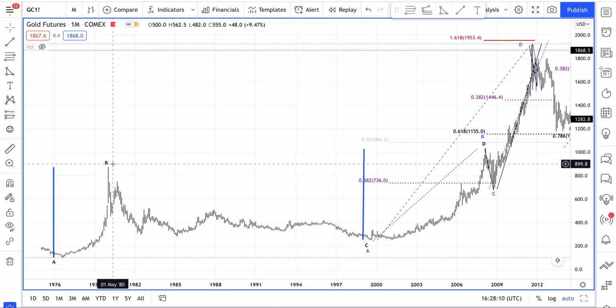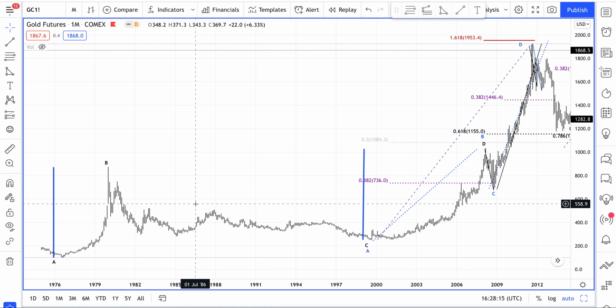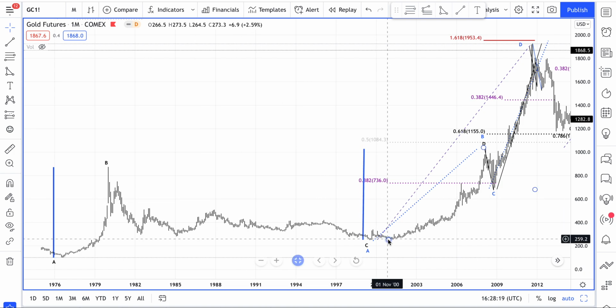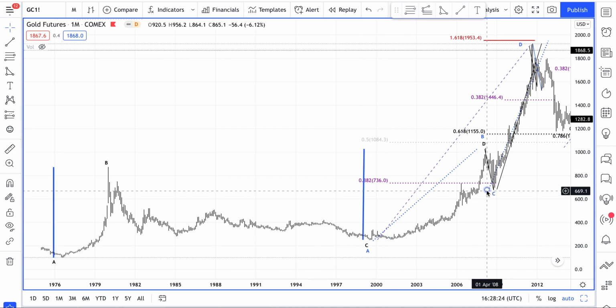Of course gold went into a bear market after 1980, which lasted several years, and then gold actually made a very important pattern in the 2000s.